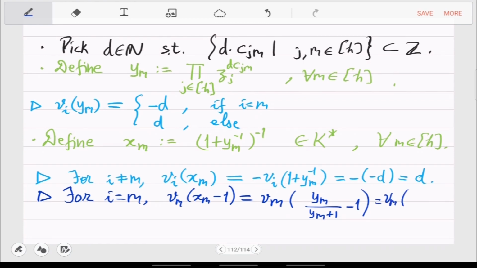Which is, what do you know about this? So valuation of ym plus 1, so valuation of ym is minus d, and Vm of 1 is of course 0. So this valuation is minus d and invert it, so d. This is again d.